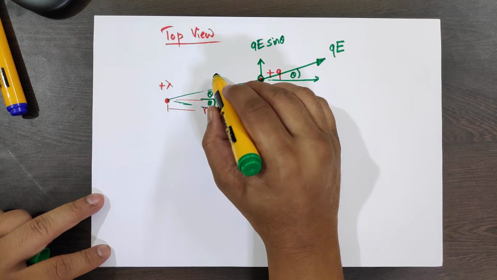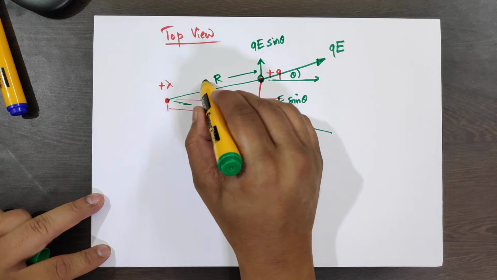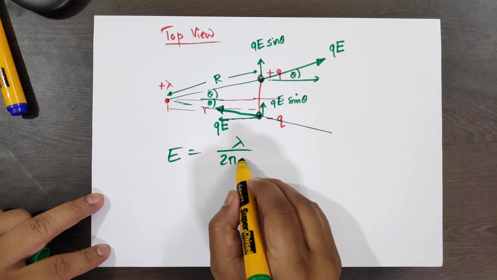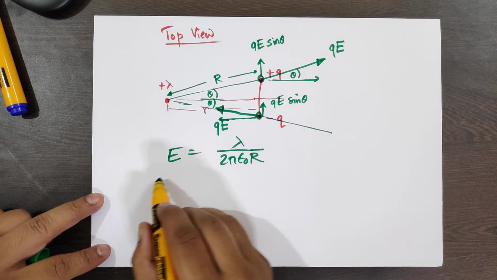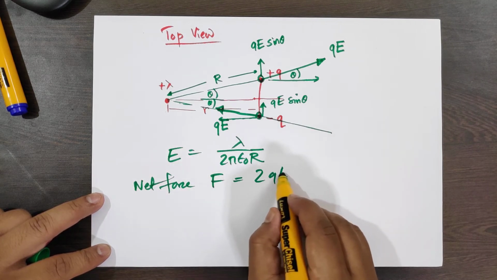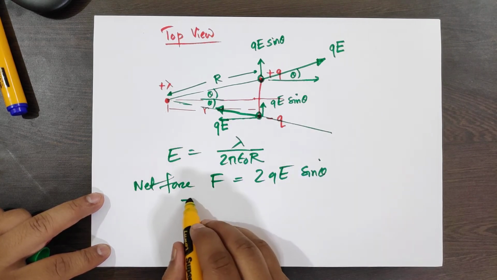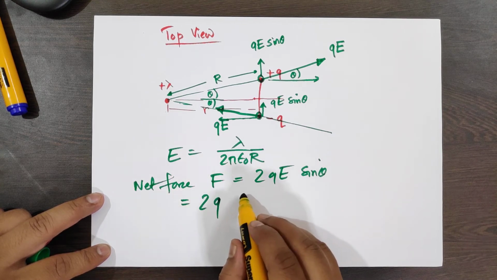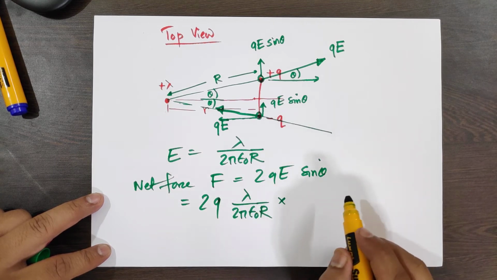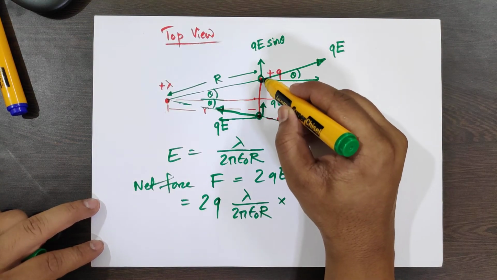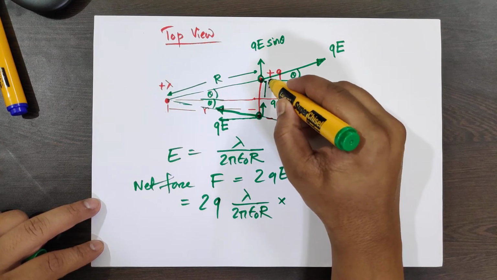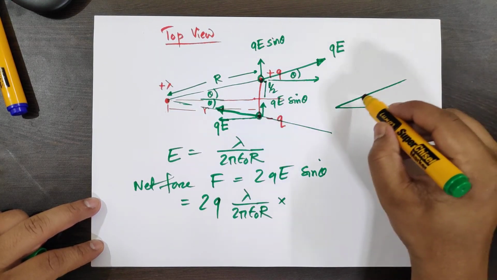Okay, let's take this as capital R. So E is equal to lambda by 2 pi epsilon naught capital R. So the net force happens to be twice QE times sine theta. Now if the dipole length is L, this is half of L. Let's draw the diagram here.